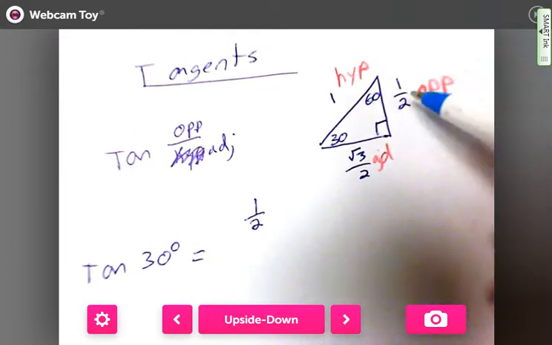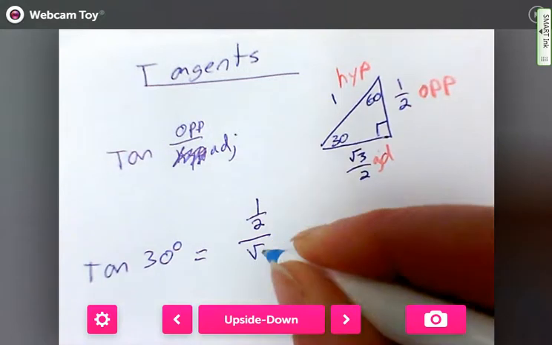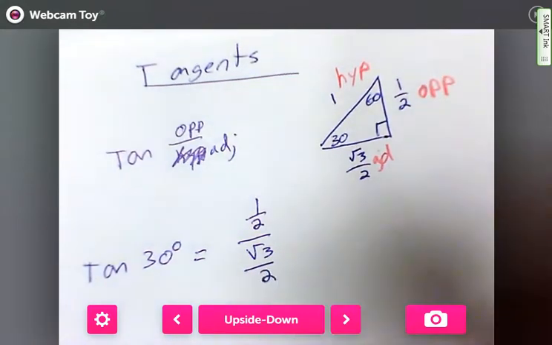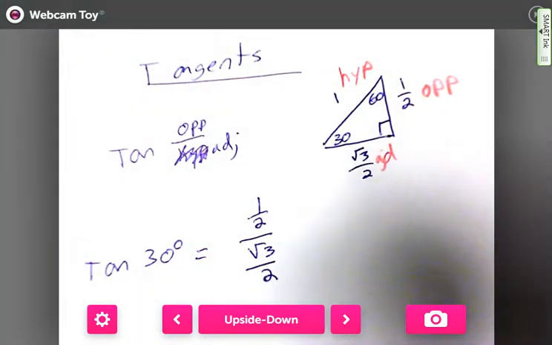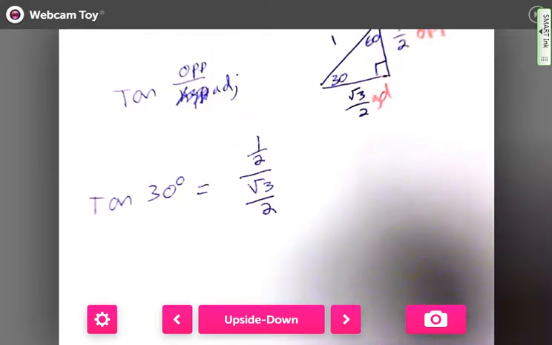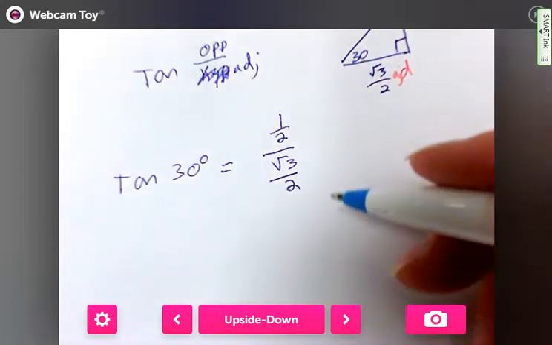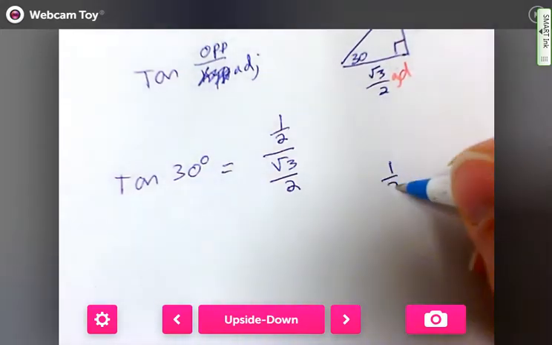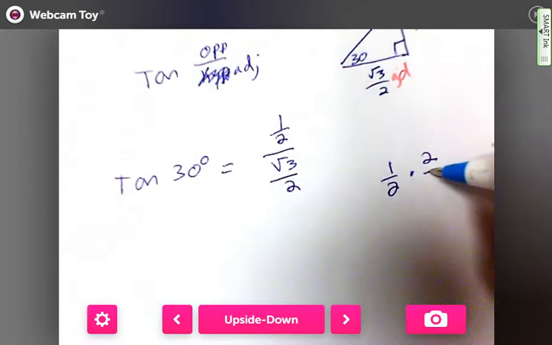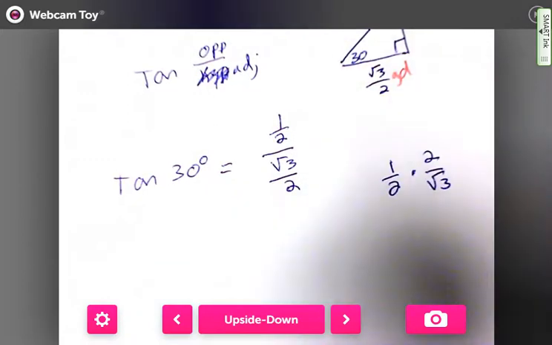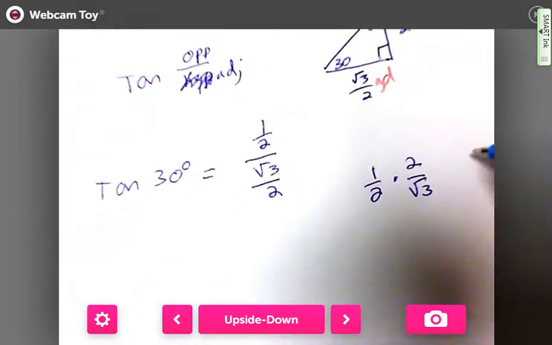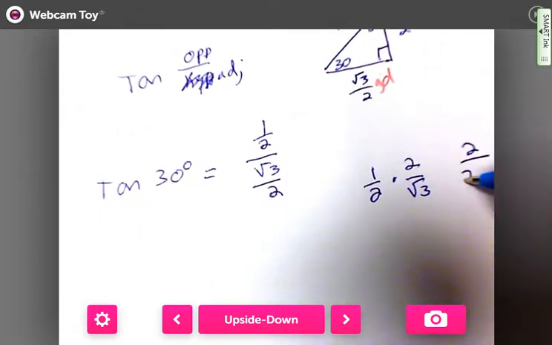So opposite is 1/2, and adjacent is square root 3 over 2. Okay, I can't have a fraction over a fraction. Doesn't work. All right, so I'm going to have to multiply it. When I divide fractions, I flip the second one and multiply. That's just my rule. Okay, what's 1 times 2? 2 times the square root of 3 is 2 square root 3.